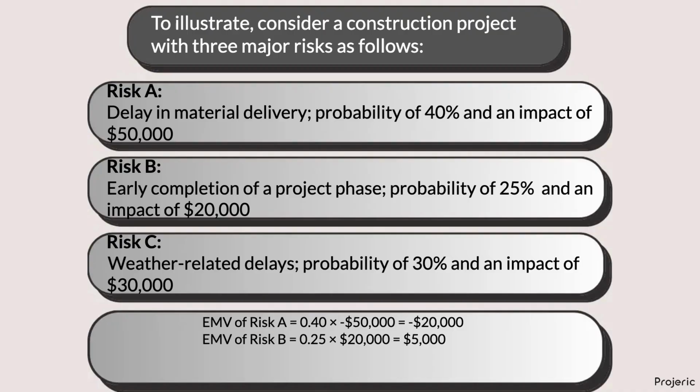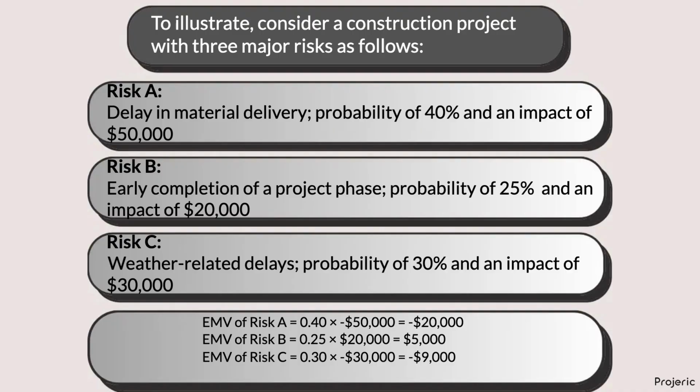EMV of Risk B equals 0.25 times $20,000, which equals $5,000. EMV of Risk C equals 0.3 times negative $30,000, which equals negative $9,000.